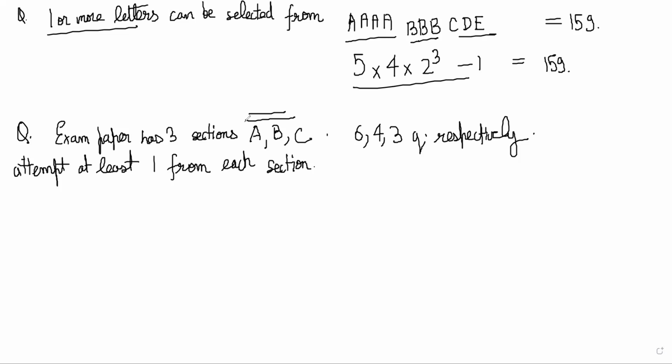Questions are all different, and doing a question from section B is different from doing a question from section C, and so on. So at least one from each section. There are 6 questions which are different in the first section, so it will be 2 power 6 minus 1, multiplied by 2 power 4 minus 1.